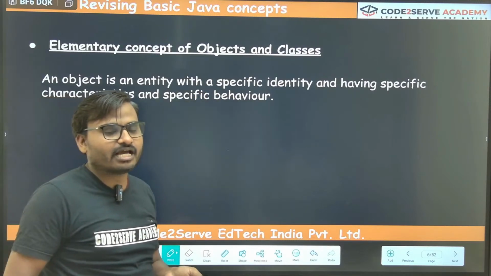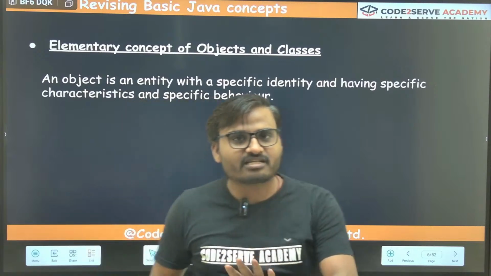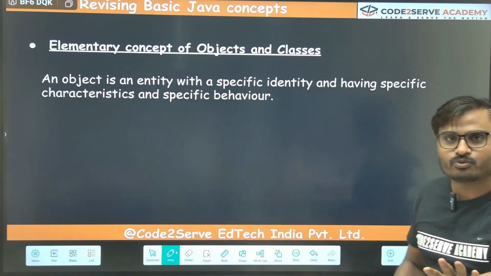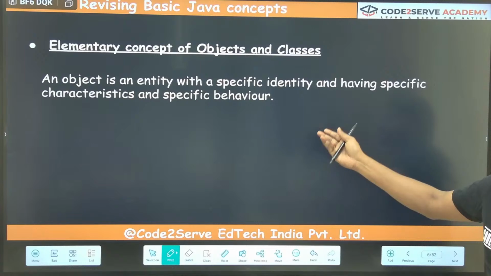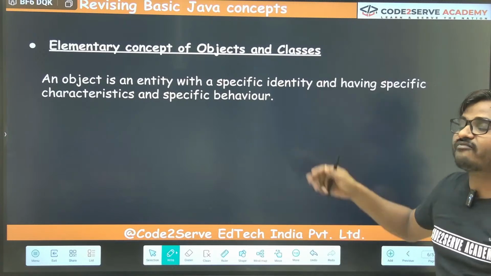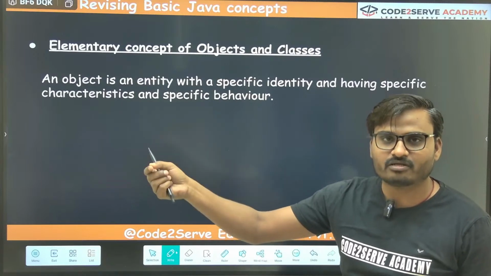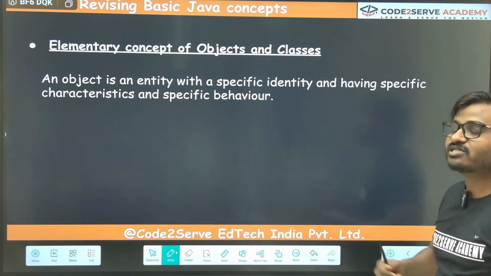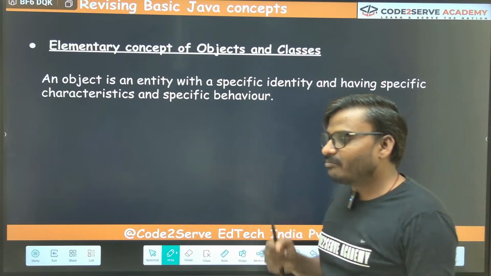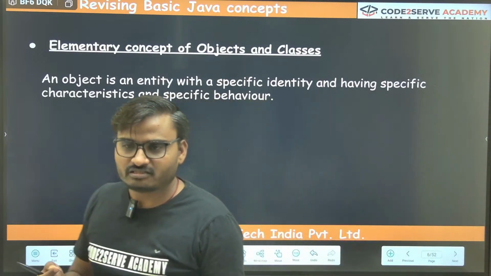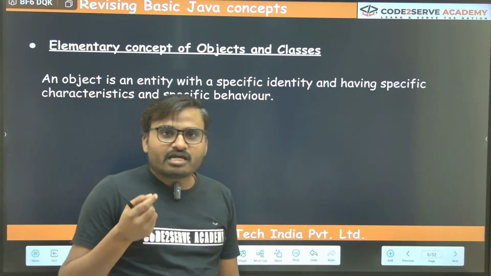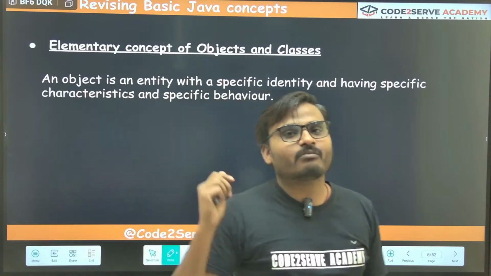And I have an identity. I have a name, you have a name. So that is an identity. I can uniquely identify you. Similarly, an object is also an entity with a specific identity. That means we can identify this object by its name, right? Similarly, they have some characteristics. Take an example. If I say fan, all fans have a common property.